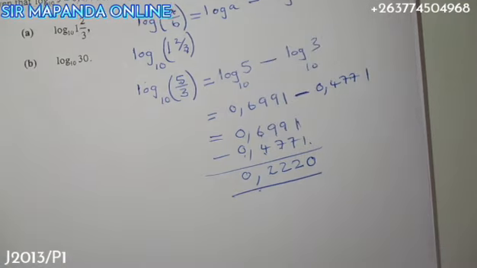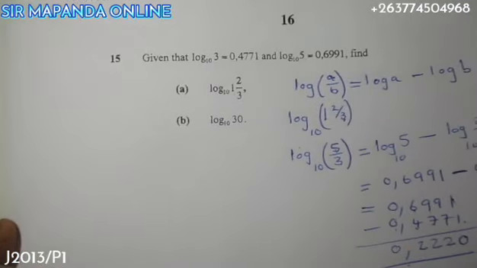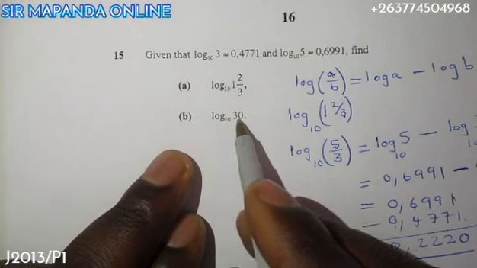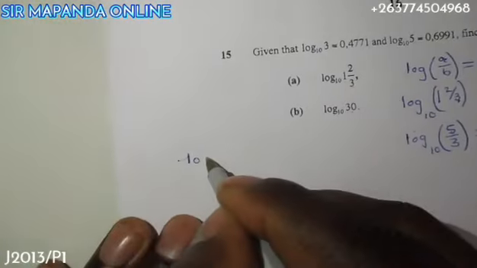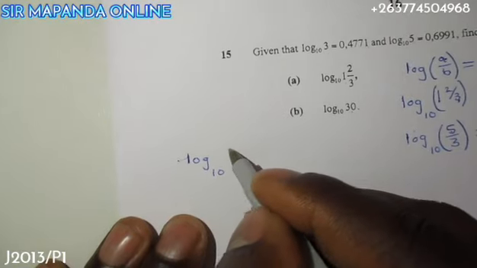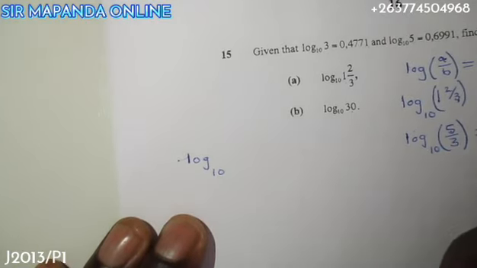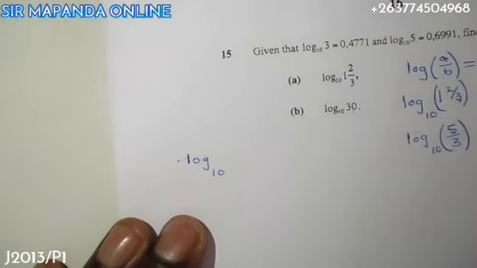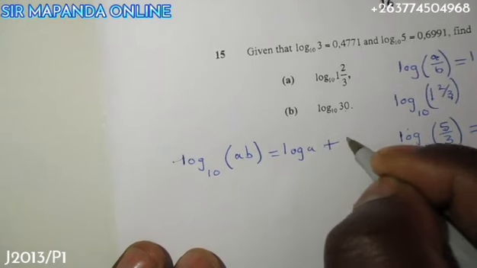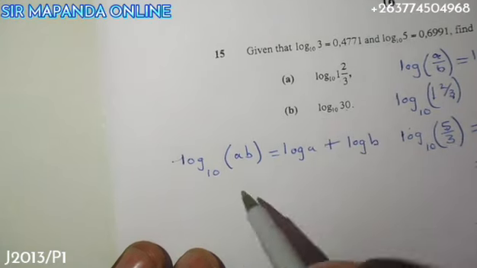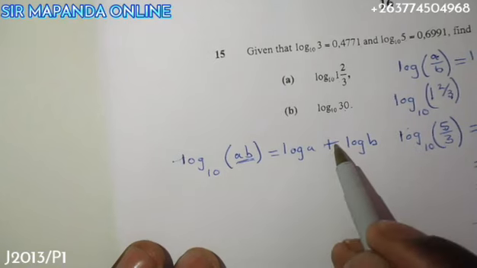We move on to part B of the question. Find log 30 to base 10. So to find log 30, you identify two numbers which produce 30 when they multiply each other. So this law is log AB is equal to log A plus log B. It means when you multiply, you add.